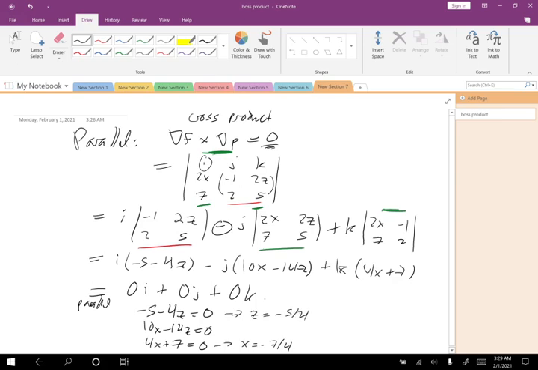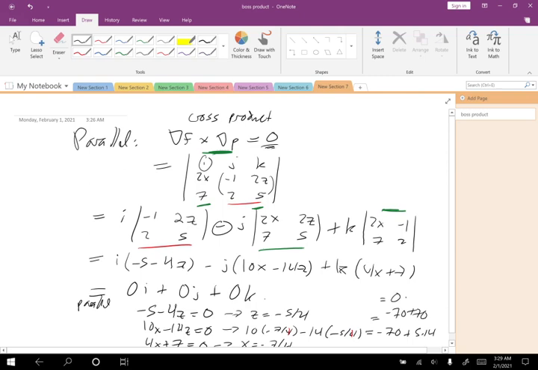So now, in order to check a solution exists, we just need that third one to make sense. So 10 times negative 7 fourths minus 14 times negative 5 fourths. Let me just check to see if this works. I hope you don't mind if I get rid of these 4s, because we're trying to check if it's 0. So negative 70, plus 5 times 14, I believe that is 70. So this is negative 70 plus 70.